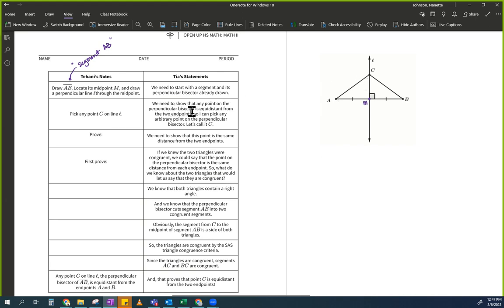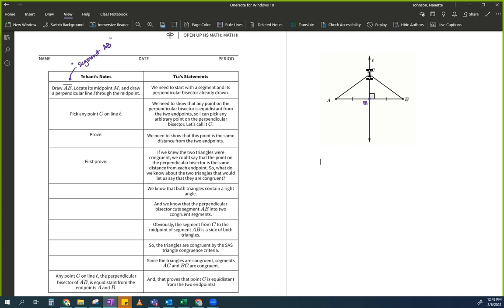Then it says we need to show that any point on the perpendicular bisector is equidistant from the two endpoints. So I can pick any arbitrary point on that perpendicular bisector. She could have chosen that, not that, that. Okay. And here's what we're proving. If we want to prove that this is equidistant, do you guys remember what we talked about?